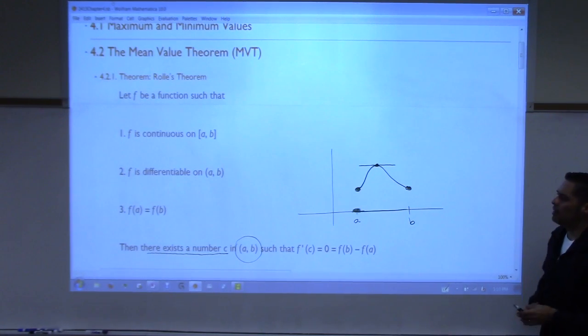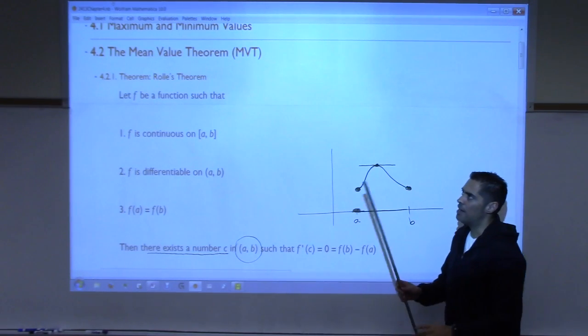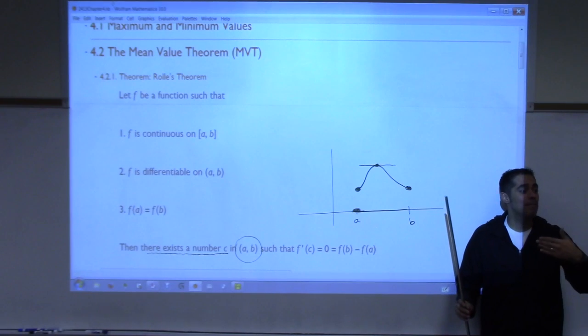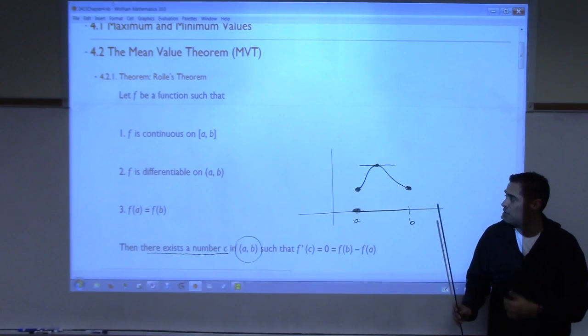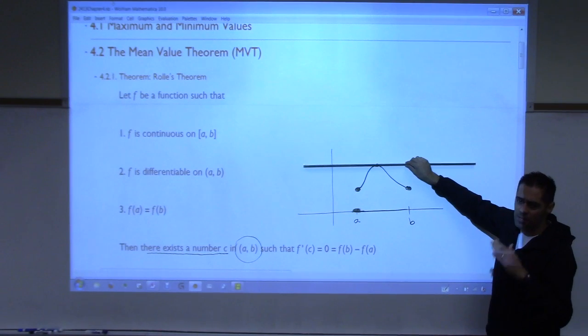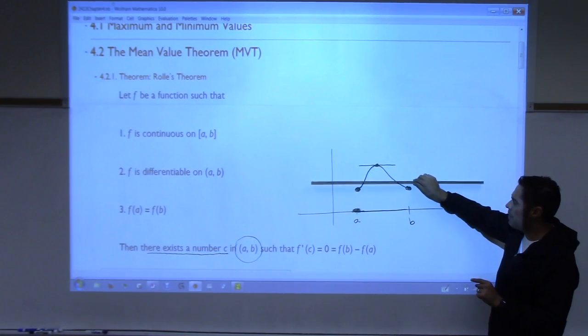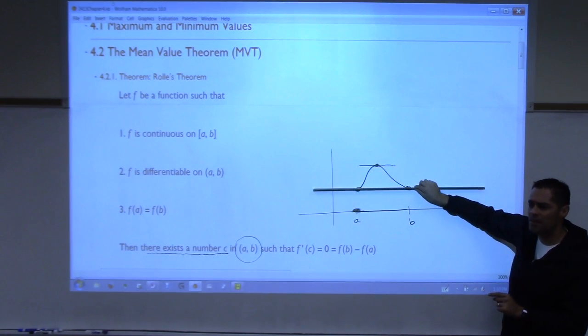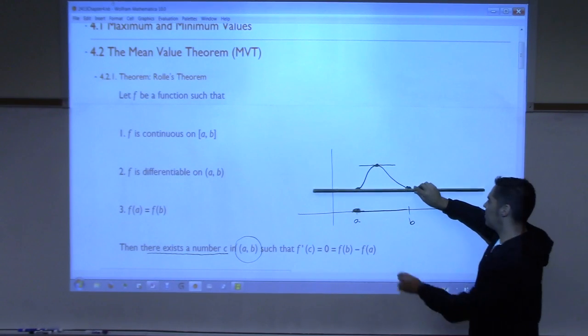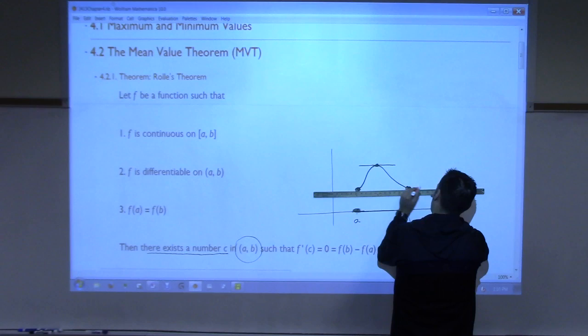What I want you to realize is that, in order for us to get to the mean value theorem, which is the one this section is about, I don't want you to look at the slope of this tangent line as being 0, even though it is. I want you instead to look at that tangent line as being parallel to the line connecting the two endpoints. So what's the line connecting the two endpoints? What's the slope of this line?